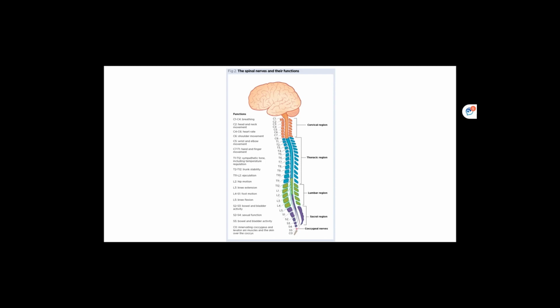Obviously, certain injuries at a certain level cause a lot of problems, and we'll be talking more about those. And of course, these spinal nerves carry impulses to and from the spinal cord.